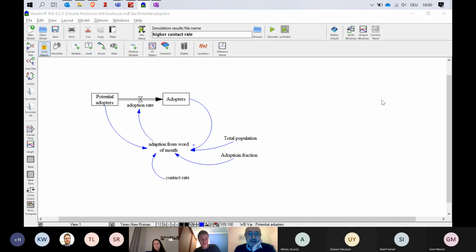You cannot have adoption from word of mouth directly into adopters. This is a basic rule. The variable adoption from word of mouth is an intermediate variable that helps us keep the calculation clean and see all the causal path that leads to that number in adopters.